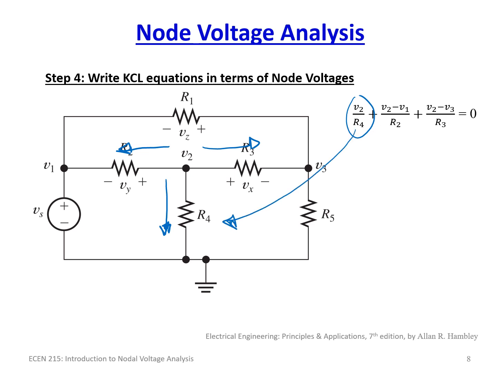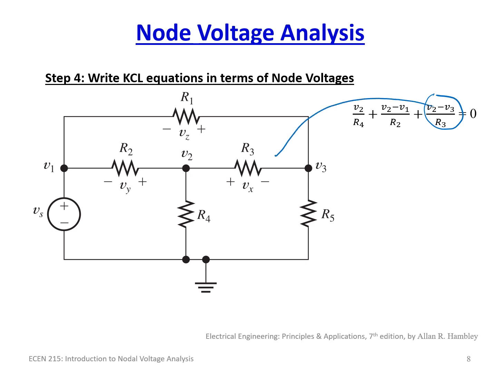The next one, let's take a look at this branch. This is this current right here, which is V2 minus V1 over R2. And then this current here is this one, which is V2 minus V3.